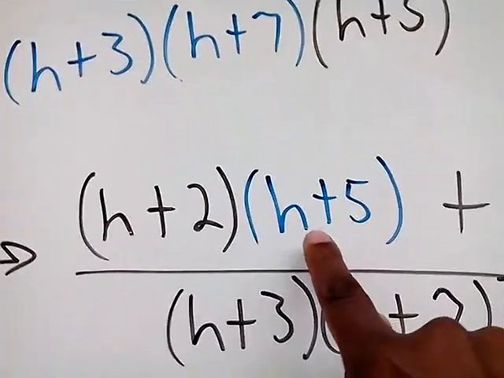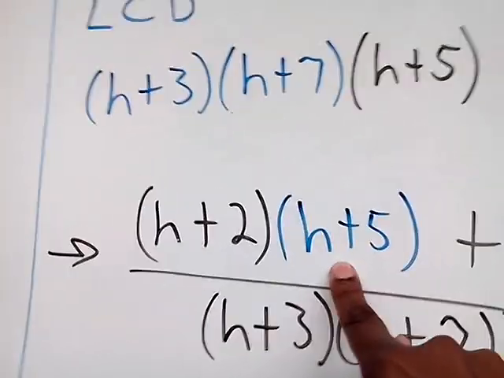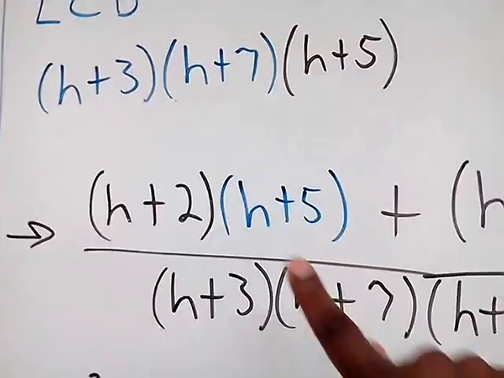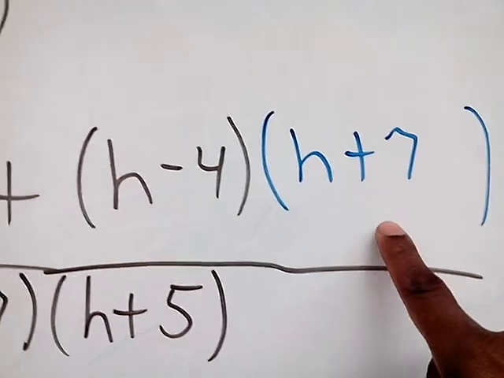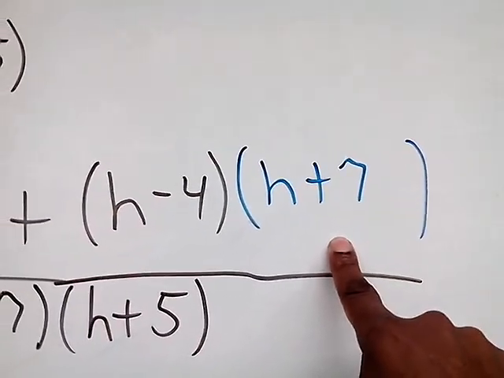So again, multiplying the numerator for the first term by h plus 5 and the numerator for the second term by h plus 7.